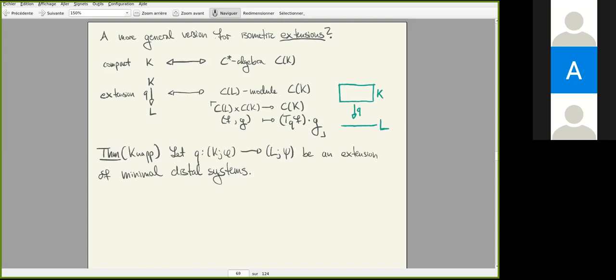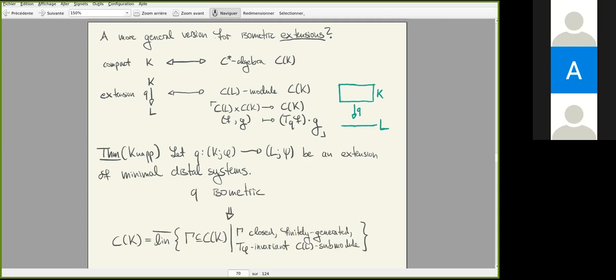And he shows the following. If you have an extension of minimal distal systems, then if the extension is isometric, one has a functional analytic property, which we are quickly going to analyze.